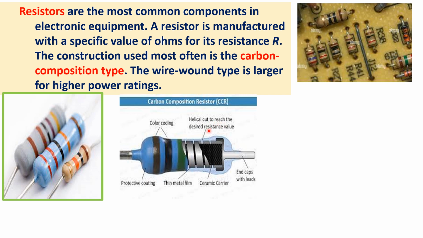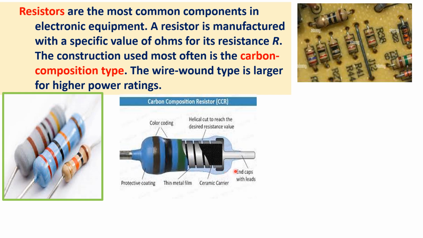This is to reach the desired resistance value, and a ceramic material is used as a carrier. Of course, you have here the end caps made of leads. So these are the type of resistors that we're going to be talking about.